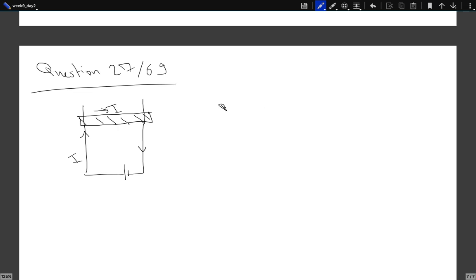The magnetic field is 1.8 Tesla and perpendicular to the plane of the circuit. The separation between these is 24 centimeters. The bar has a mass 1.5 grams.